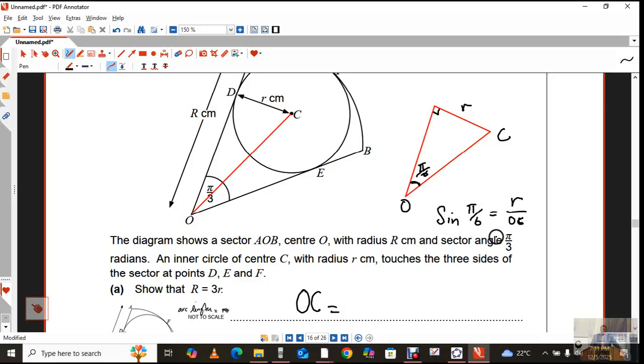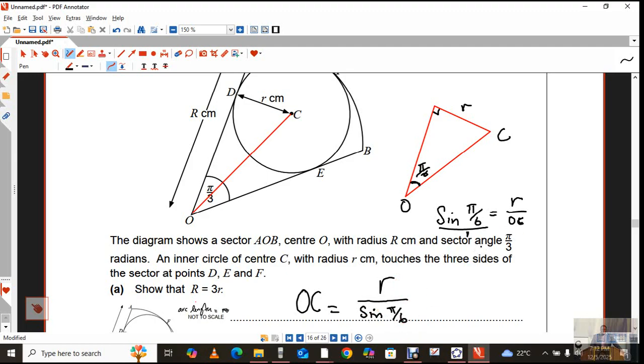It's very, very important because the sine of pi over 6 is a value. OC would be, think of this thing over 1. So I'm just going to squeeze it there over 1. If you are cross multiplying and then dividing, it's going to be R over the sine of pi over 6.